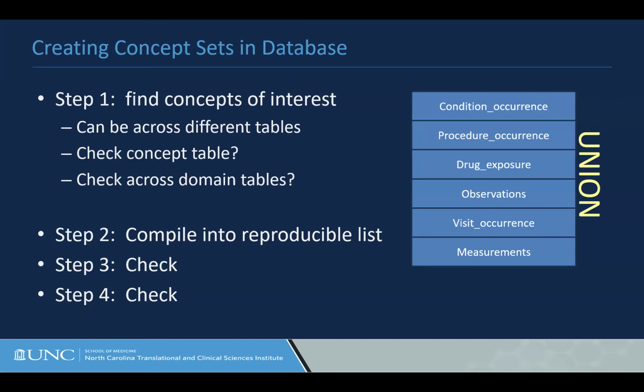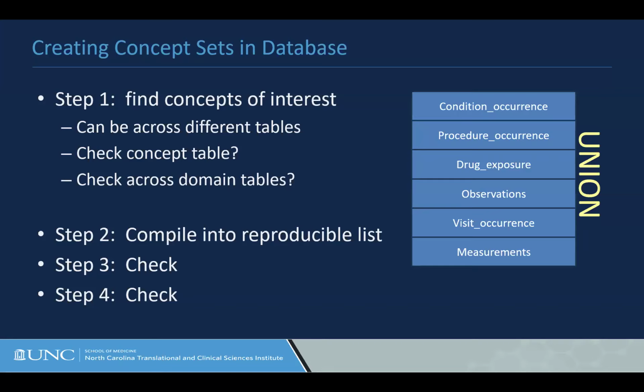And so I want to go back now and say, I have this image on the right, this union representation. The way that I really pursue identifying concepts and building concept sets is, rather than going from the concept table down, I typically create a union structure of all the actually used concepts within each of the clinical data tables into a sort of new actually used concept terminology table, independent of the vocabulary concept table, right?